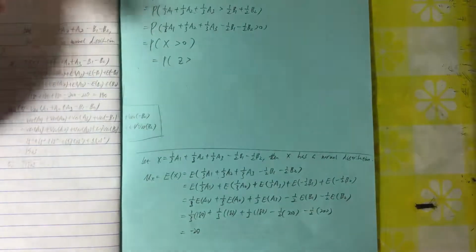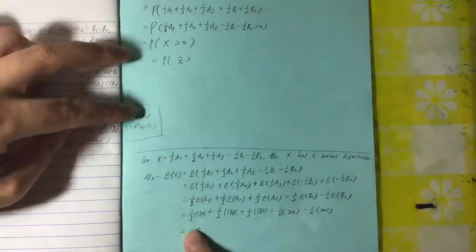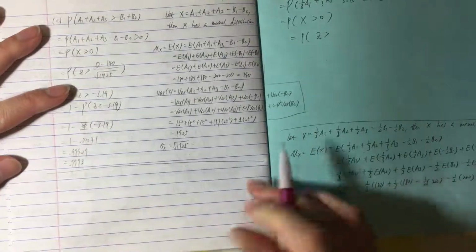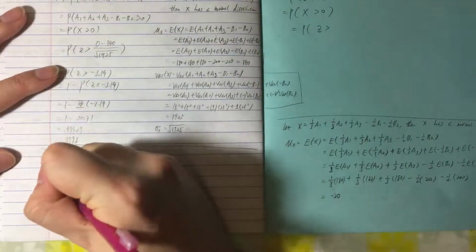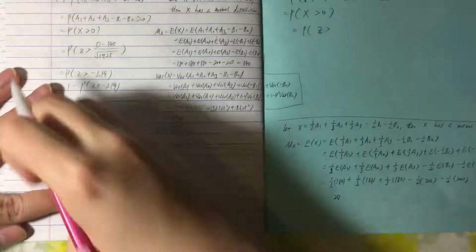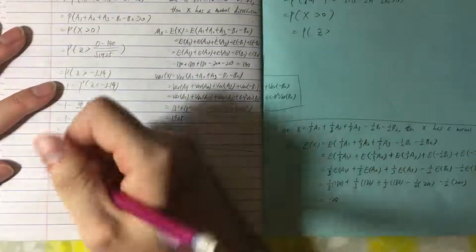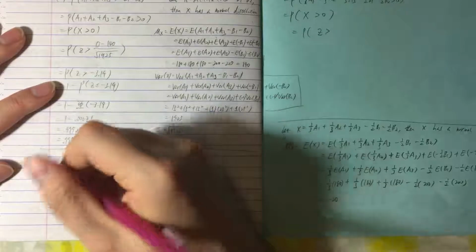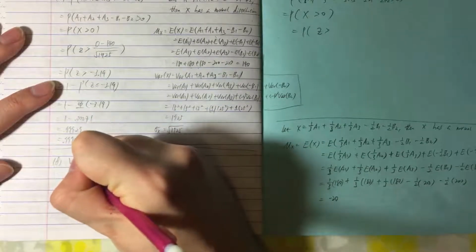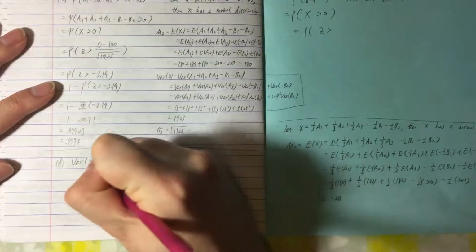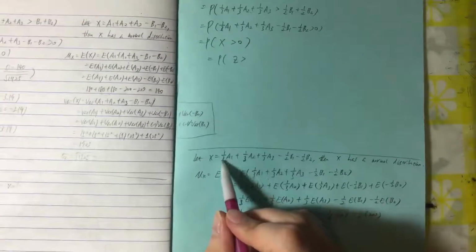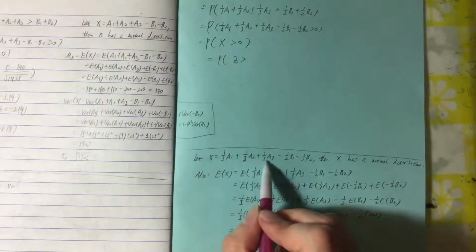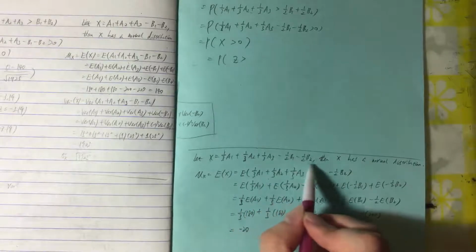Next, I try to find the variance of X. That's for part D. Variance of X is the variance of 1/3 of A1, 1/3 of A2, 1/3 of A3 minus half of B1, minus half of B2.